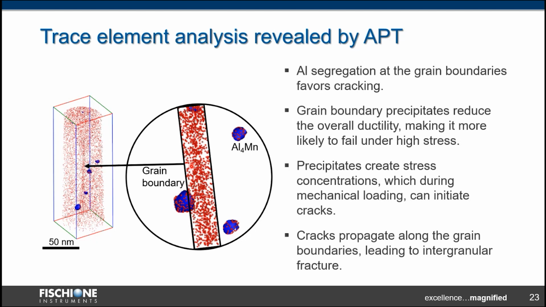So aluminum segregation at the grain boundary favors cracking. The grain boundary precipitates can also reduce the overall ductility of the material, and precipitates can create stress concentration at the interface with the matrix, which during mechanical loading can initiate cracking. So cracking propagates along grain boundaries, leading to intergranular fracture observed by SEM and EBSD measurements.